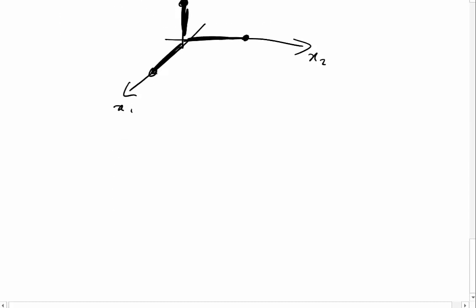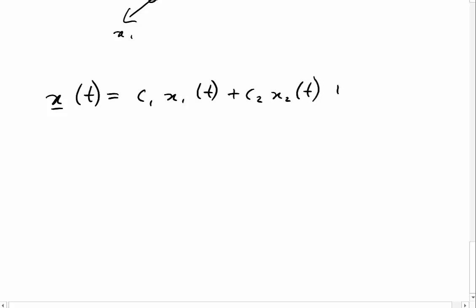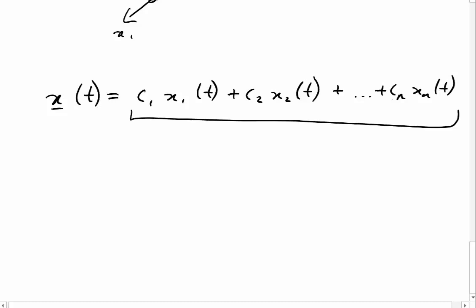So now what we can say is that if we've got a system of equations, we've got our solution, x of t equals c1 x1 of t plus c2 x2 of t, just like we had before, plus cn xn of t. Okay, so this is our general solution now. If it's linearly independent, it basically means that each solution cannot be written in terms of the other solutions. So in other words, this can only be written in one way.